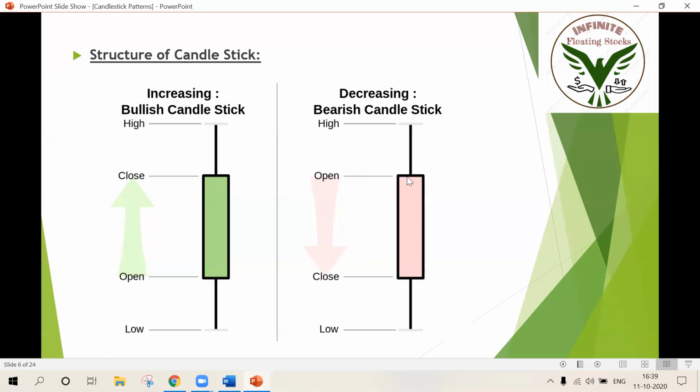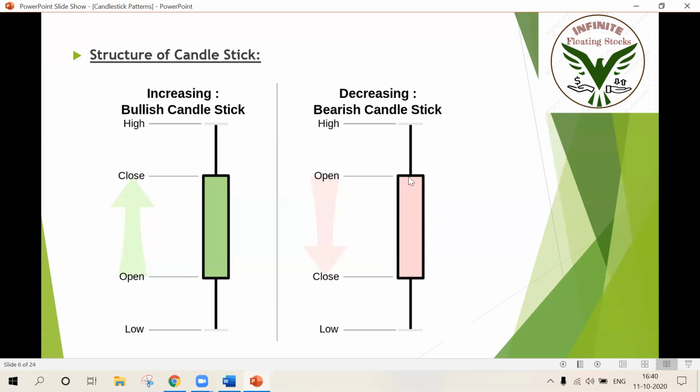Immediately after opening, buyers will come to the market and push the price upward till here. Then again sellers come to the market and push the price downward. So this is the fight area. The fight area can be defined as the wick length, and the won area can be defined as the body.